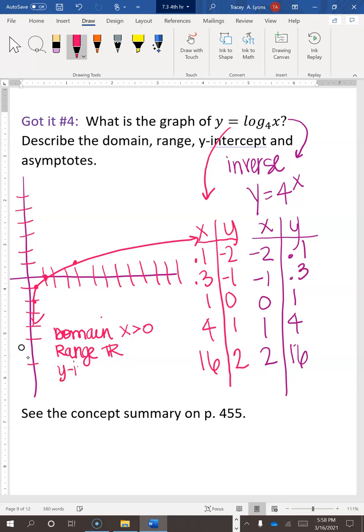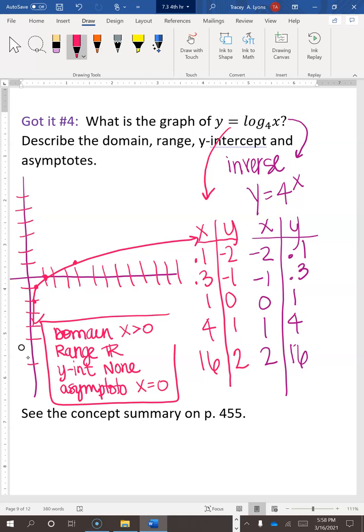The y-intercept, there is none because it does not cross the y-axis. And the asymptote line, remember, is the line that it gets super close to but doesn't go across, and that line is the vertical line, x equals 0. See the concept summary on page 455.